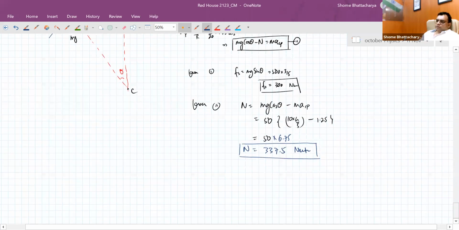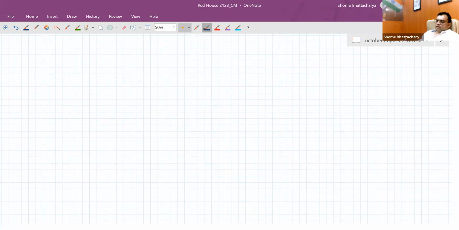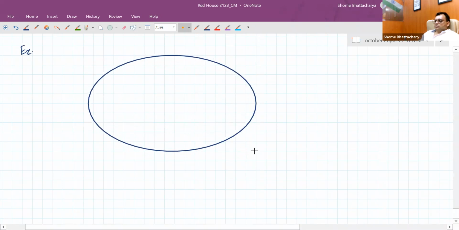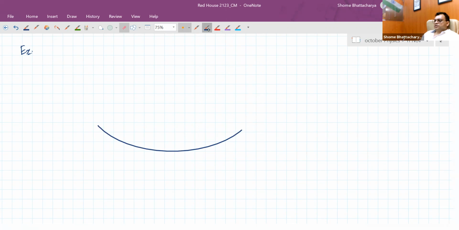Okay, now let's conclude this part by understanding a symmetrical problem to this one. But this time, instead of running up a mound, the person is running down a spherical ditch or something like that. The center of curvature is above.